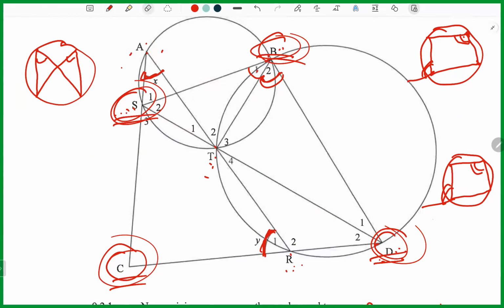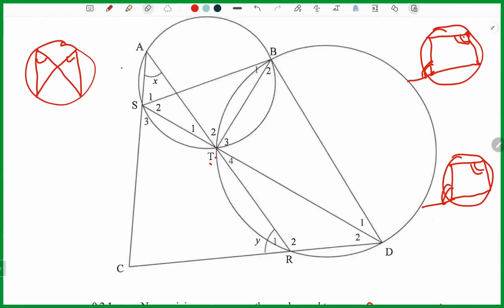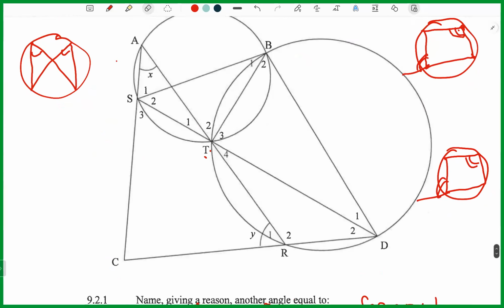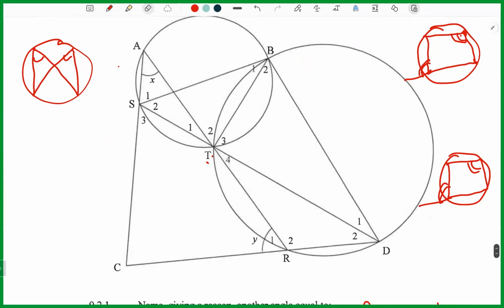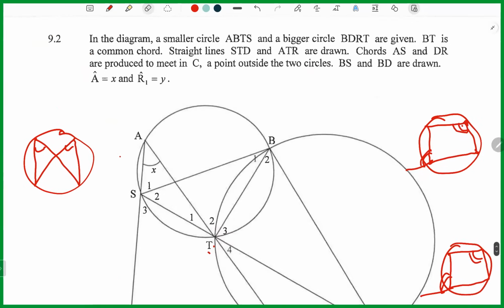Okay, this is becoming untidy. Let me clean it up. Okay, let's look at how we prove this.